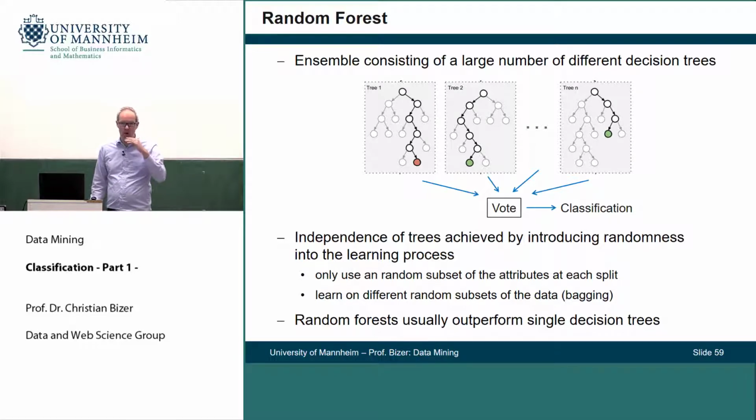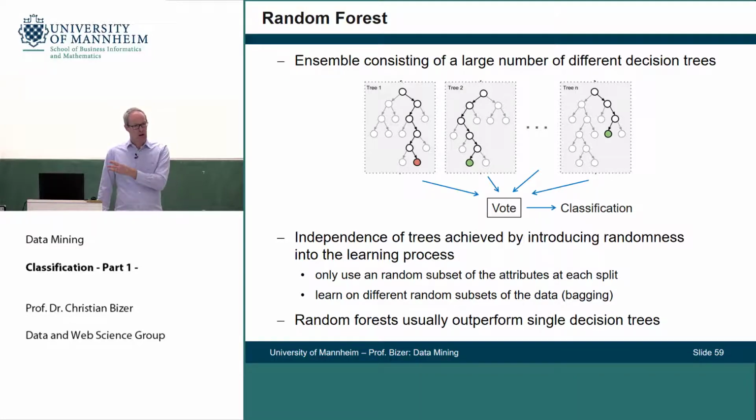We can do the same also for the training examples. So for learning specific trees, we don't use all training data, but only random subsets of the training data. So the one tree gets this 80% of the training data, the other tree gets some other 80% of the training data. Again, we will end up with slightly different trees, which we then can have do voting.